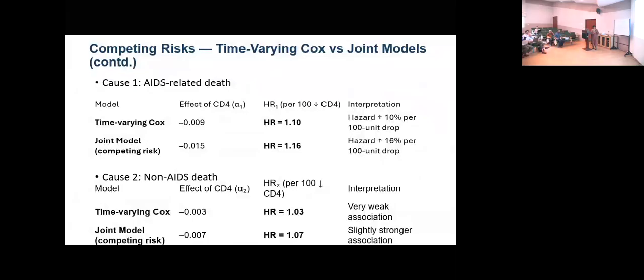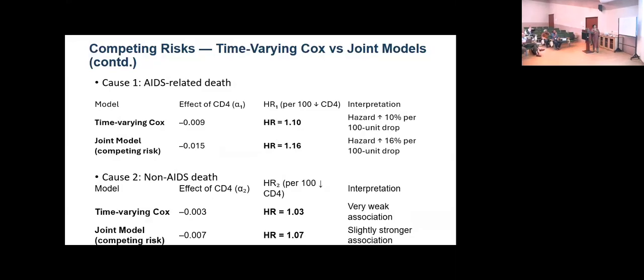Ideally, when you don't do a joint model, this is what you end up with: you would say the hazard ratio is 1.1. But if you do a joint model and capture that trajectory, the true underlying risk is 1.16. So you're losing on that component.